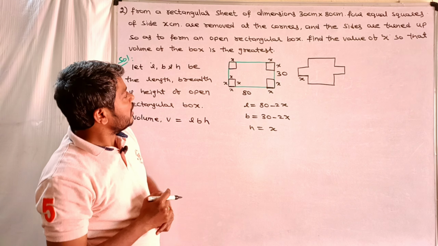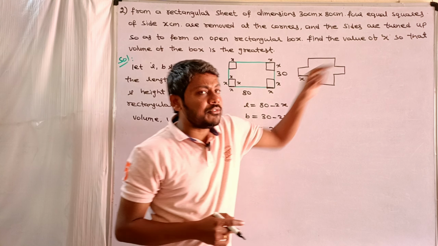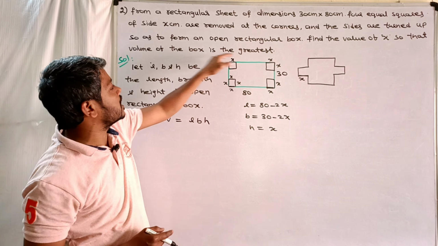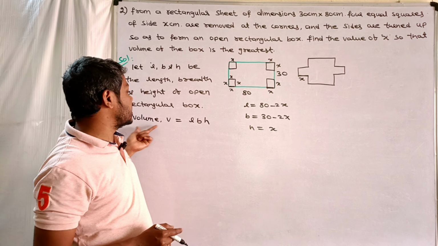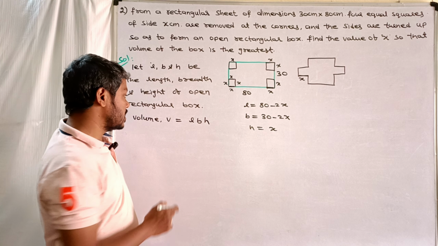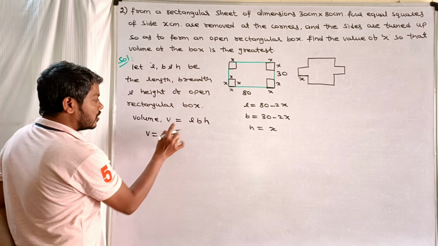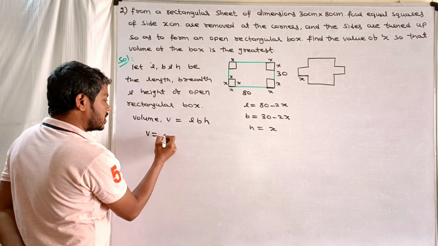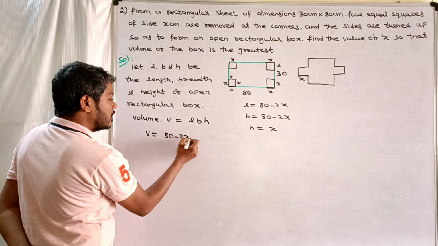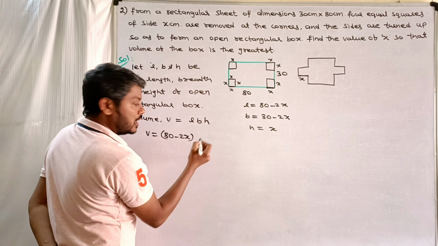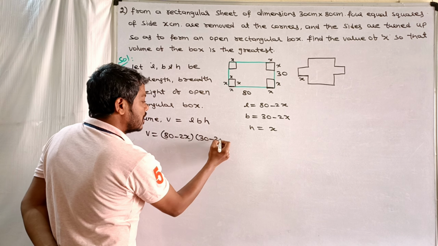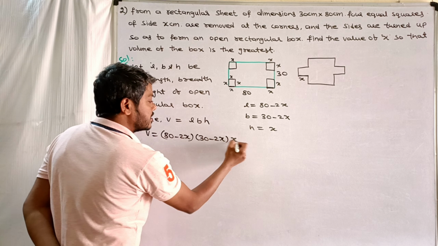Now, to find the value of x so that the volume of the box is greatest, we can consider the volume of the open rectangular box. V is equal to, what is L? 80 minus 2x. And what is B? 30 minus 2x. And what is H? x.